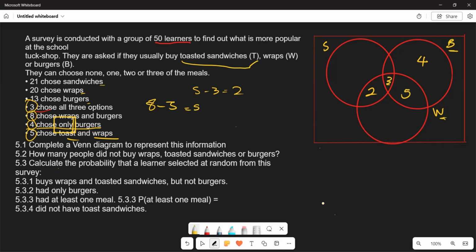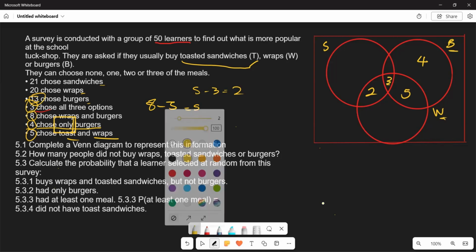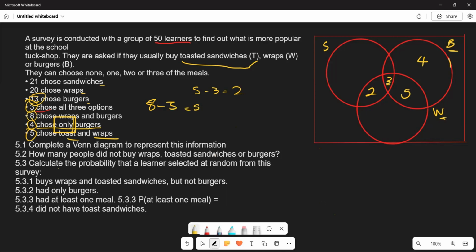Let's start with the other ones. You are having 13 who chose burger, right? They are saying you're having 13 who chose burger. So from the burger, the total sample space here must add up to 13.